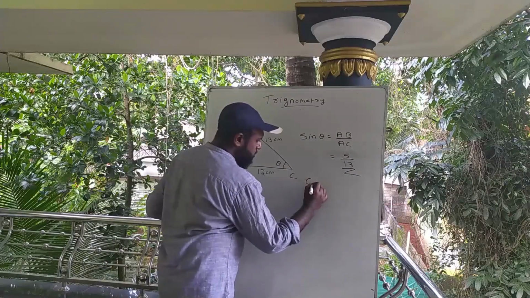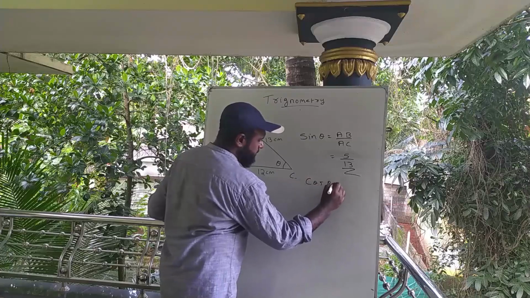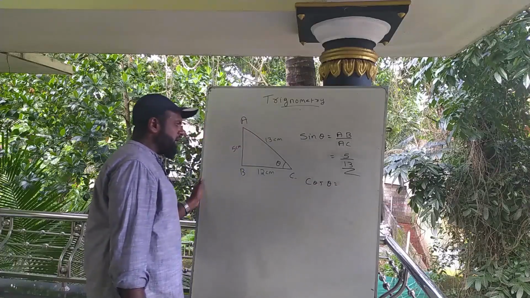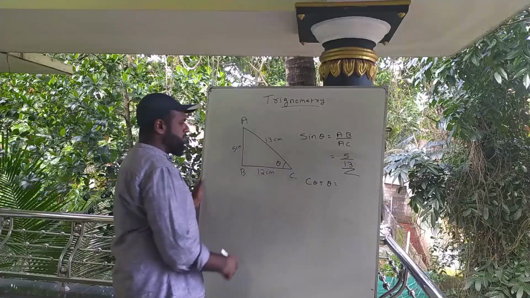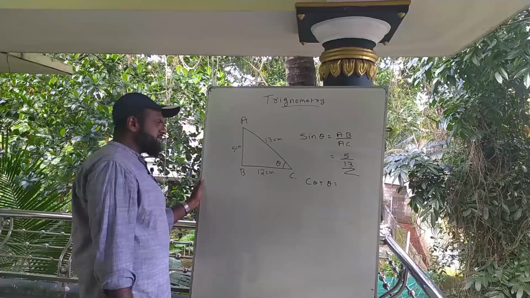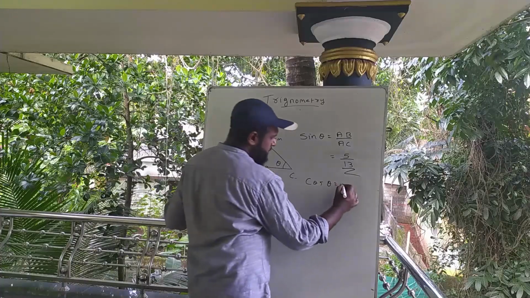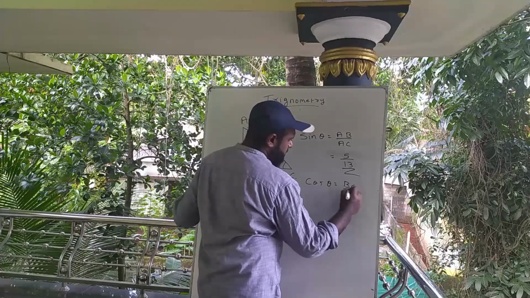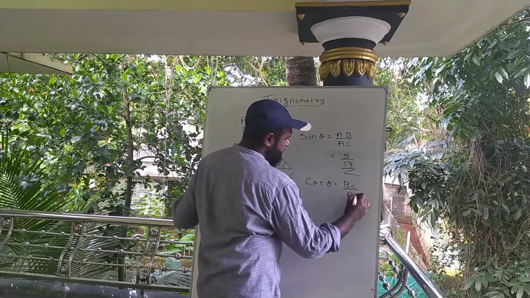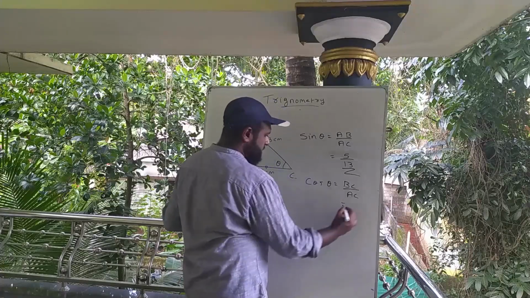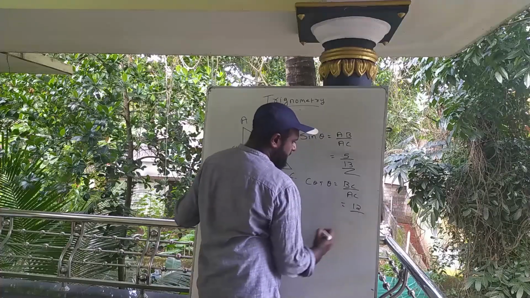Next we can find cos theta. Cos theta equal to adjacent side of theta by hypotenuse. Here the adjacent side of theta is BC. That is BC by AC. What is BC here? 12 by 13.